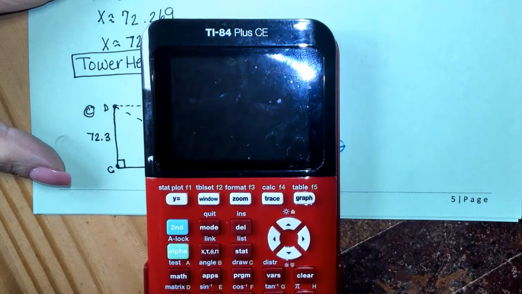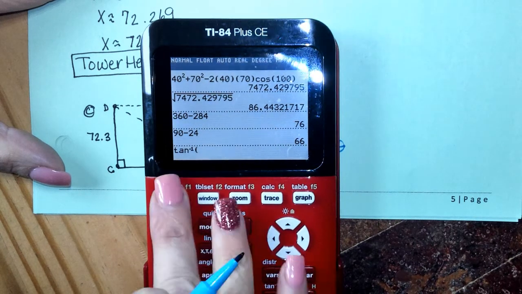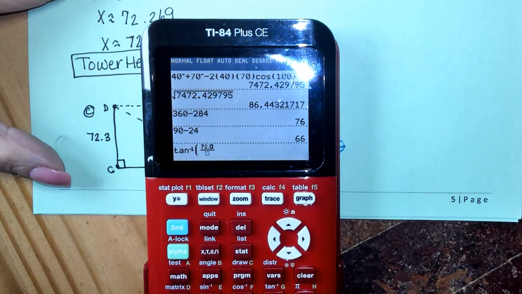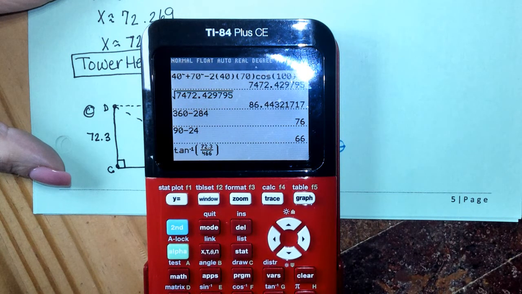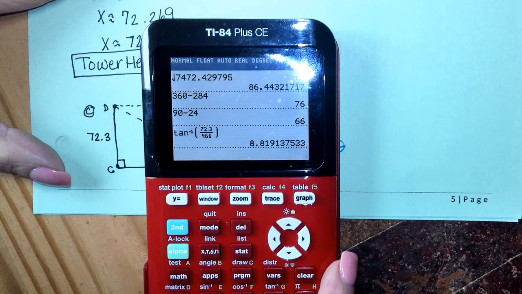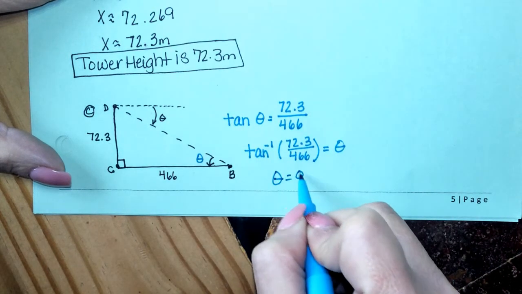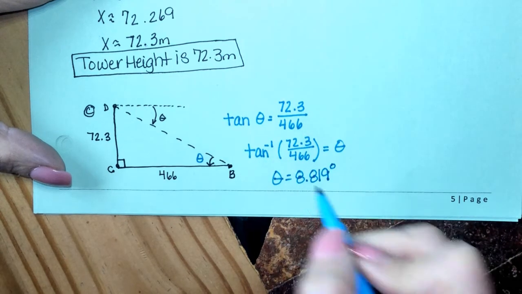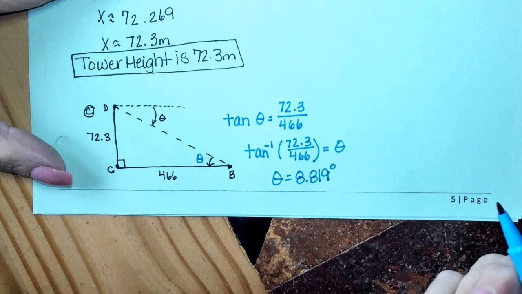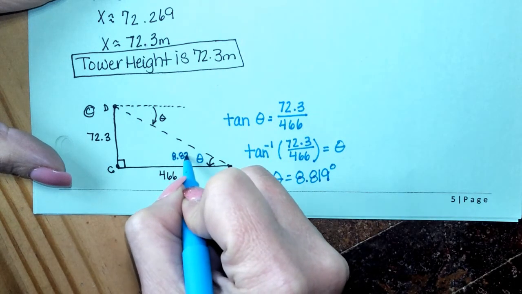So here we go. The inverse tangent of 72.3 over 466 is 8.819. So theta equals 8.819 degrees, or 8.82 degrees.